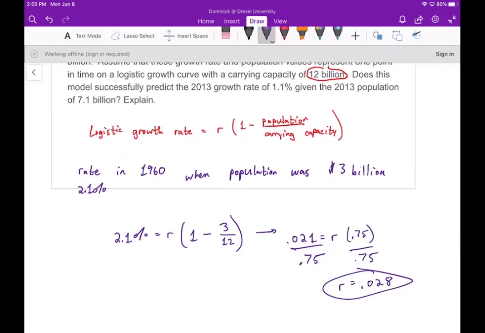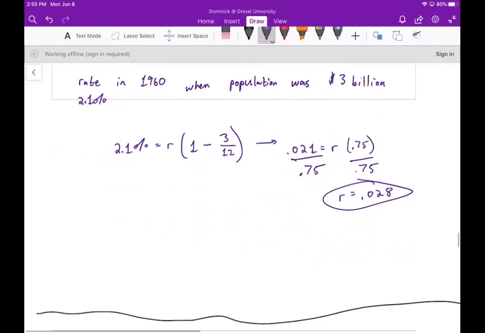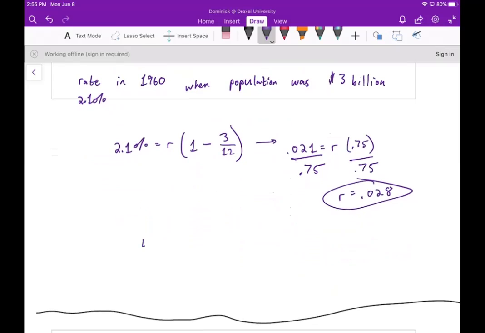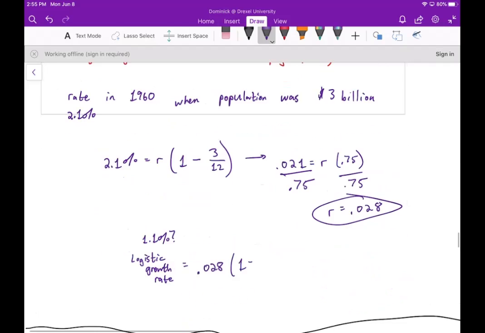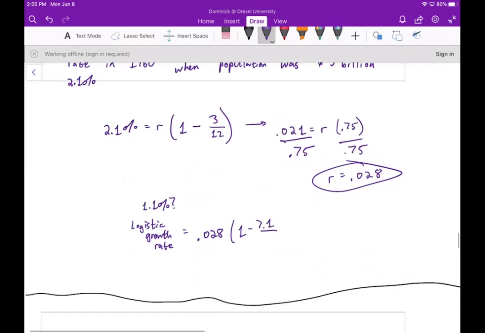Now, does this model successfully predict the 2013 growth rate of 1.1% given the 2013 population of 7.1 billion? Now that we have this base growth rate of 0.028, does this give us 1.1% if we plug everything in? We're assuming that in 2013, the population is 7.1 billion over 12.